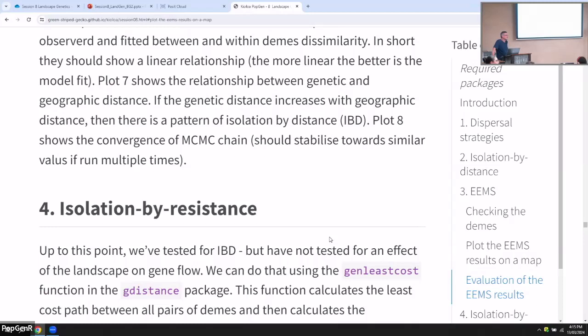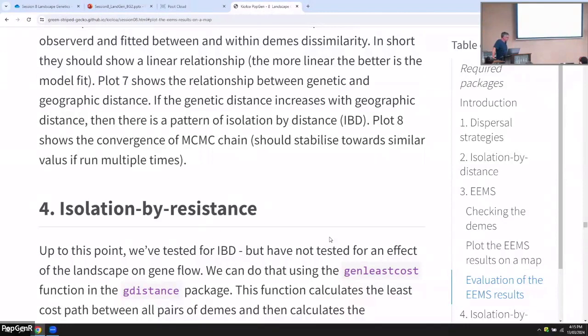Is that where this is going? I was just thinking about what you are telling us about migration surfaces can help fix the issues of IBD patterns that might not be real, that might be impacted by structure.